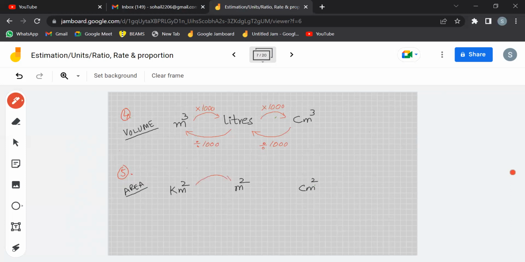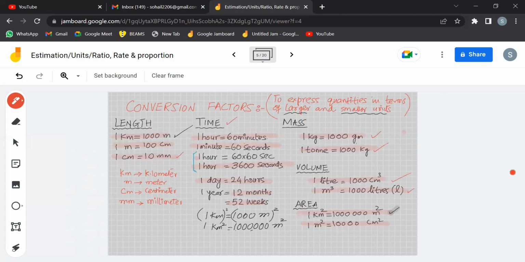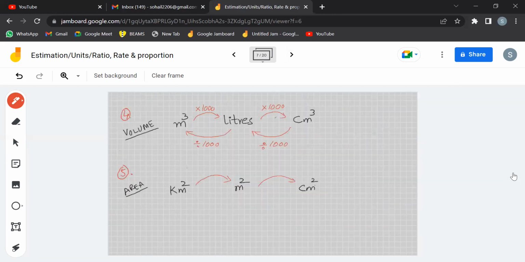Kilometer square to meter square, and square meter to centimeter square. Just have a look here. For the area, 1 kilometer square is equal to 1 million square meter. So here I multiply by 1, 2, 3, 4, 5, 6 zeros.